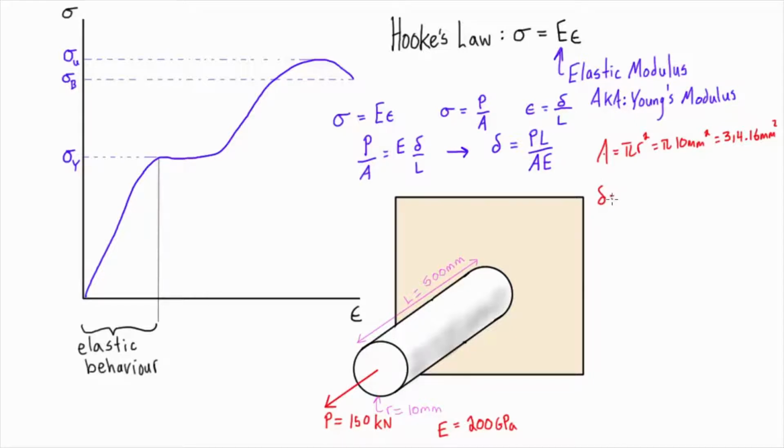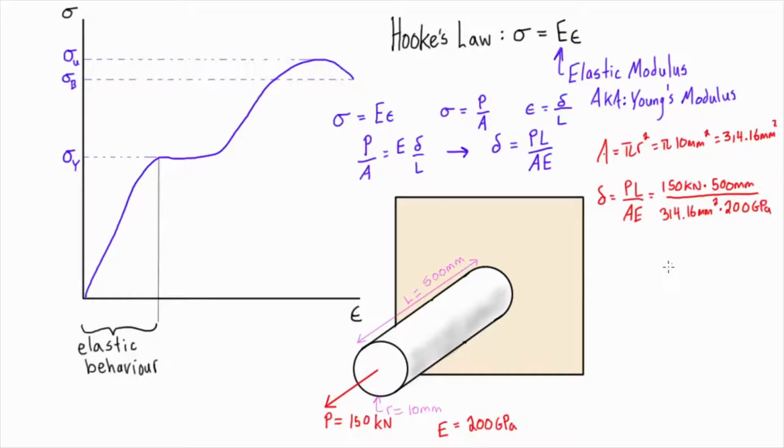P here is 150 kilonewtons, times L, which is 500 millimeters, and on the bottom we have our area, 314.16 millimeters squared, times E, which is 200 gigapascals.